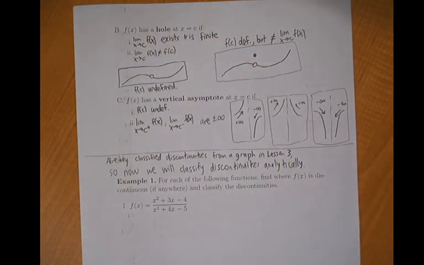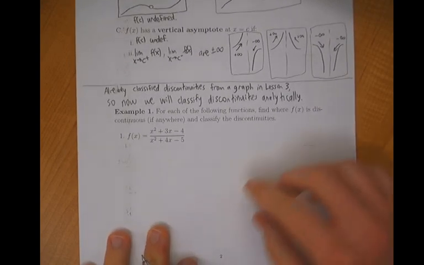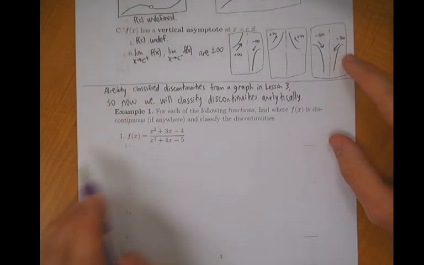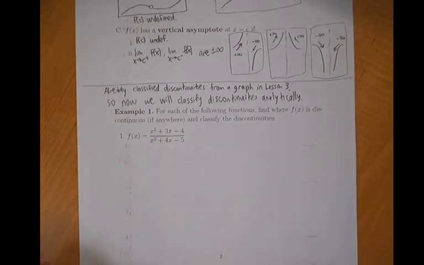So the first example I want to talk about is this rational function here. For example 1, we need to figure out where f of x is discontinuous, if anywhere, and we need to classify those discontinuities.